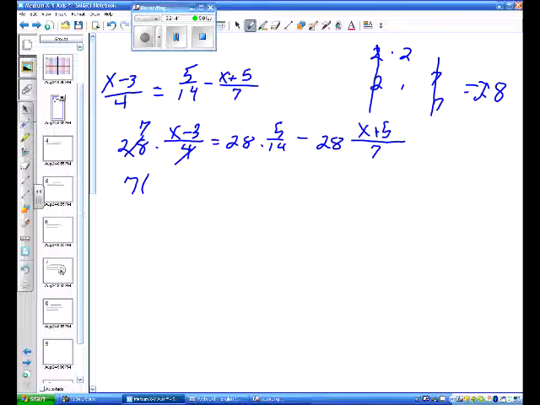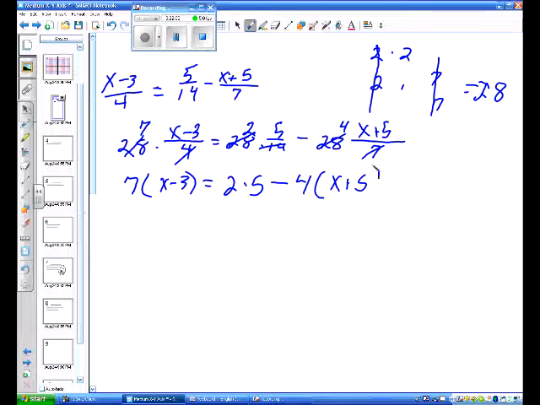So we're going to have 7 times 8 minus 3 is equal to 14 goes into 28 2 times. So we have 2 times 5 minus 7 goes into 28 4 times, and we have 4 times x plus 5. Now it's important to remember that those numerators are understood to be in parentheses.